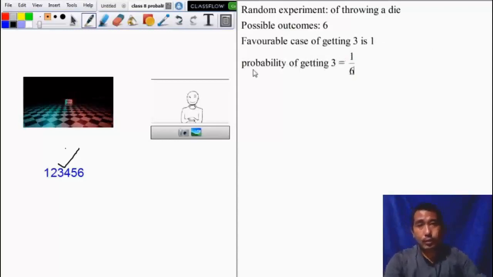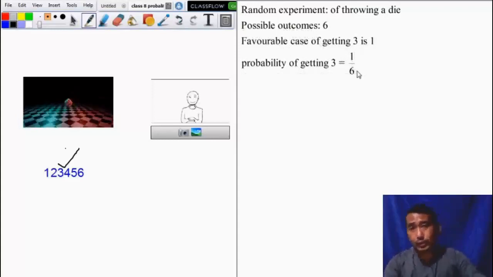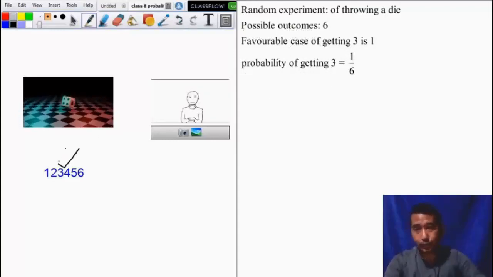This 1 comes from the favorable case of getting 3, which is 1, and the 6 comes from the total number of possible outcomes, which is 6. So we have 1 chance out of the 6 throws, or 1 by 6 chance of getting the number 3.